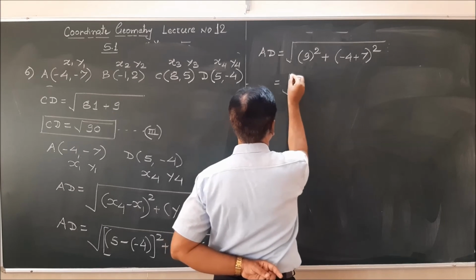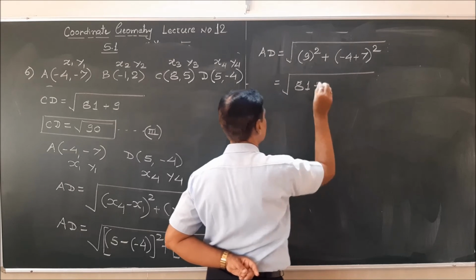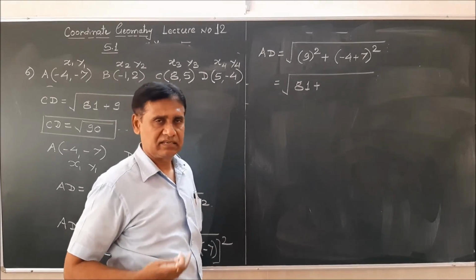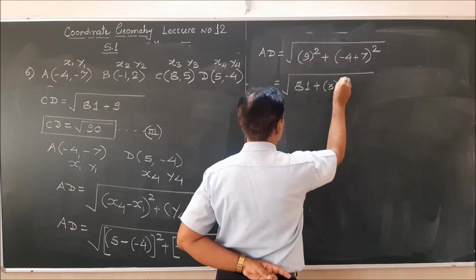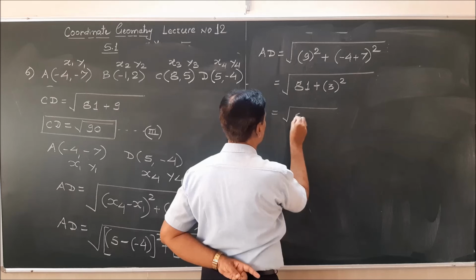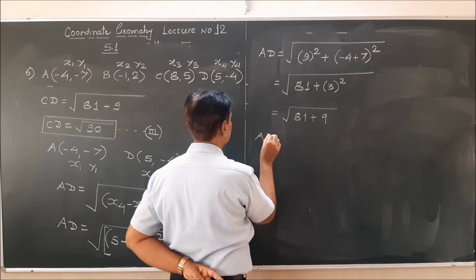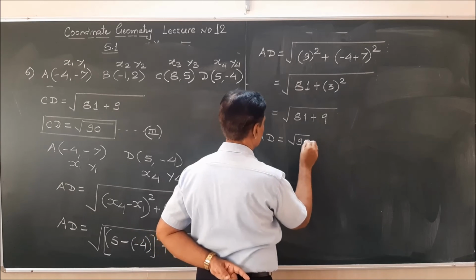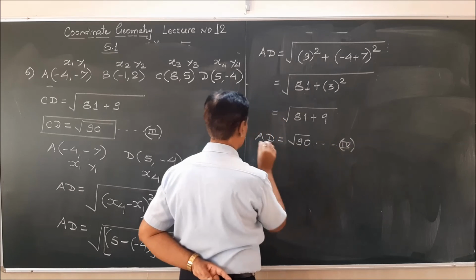So that is equal to 81 plus, 7 minus 4 is naturally 3, so 3 square. So here you will get 81 plus 3 square, which is 9, so AD is equal to root 90. This is our equation number 4.